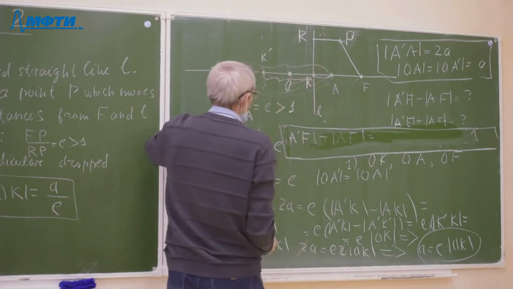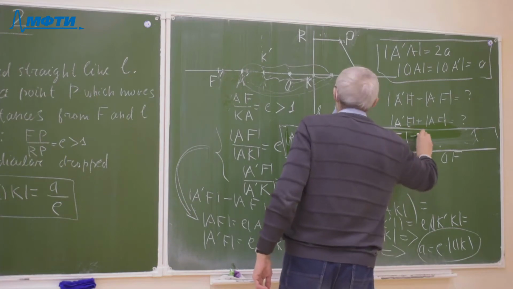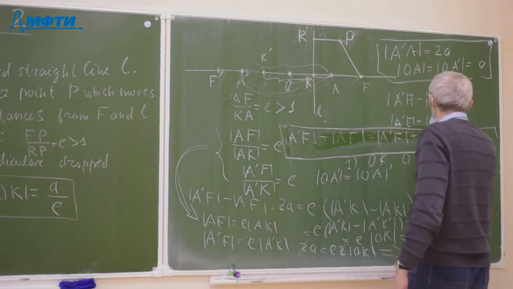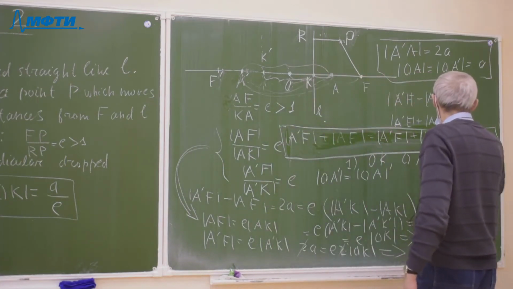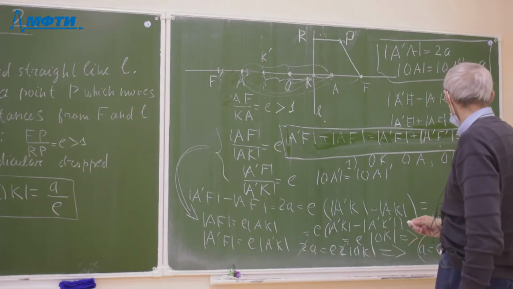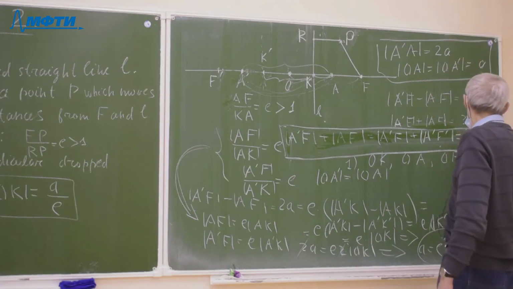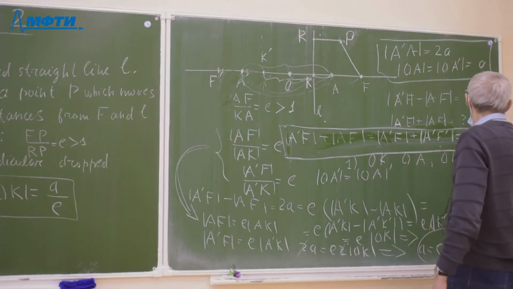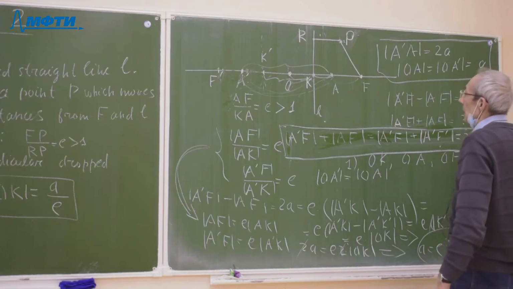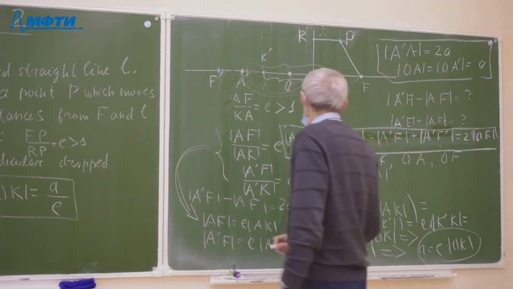Easy to see, the sum is equal to A prime F plus A prime F prime, and is equal to OF.